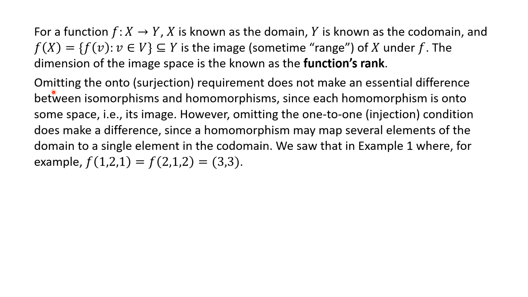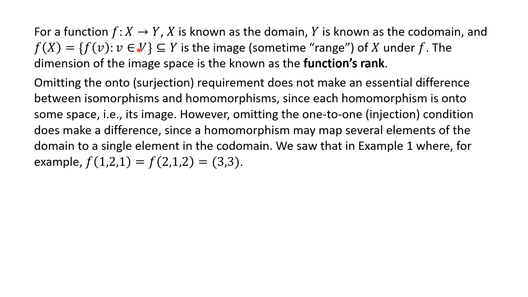Then we have a remark here. Omitting the onto requirement does not make an essential difference between isomorphisms and homomorphisms, since each homomorphism is onto some space, actually its image.